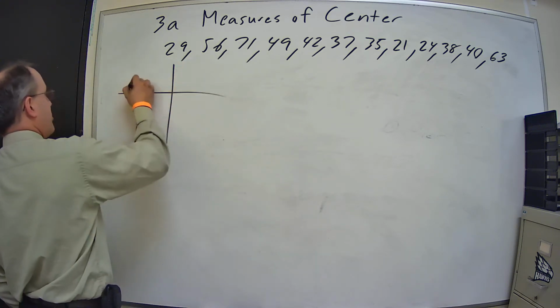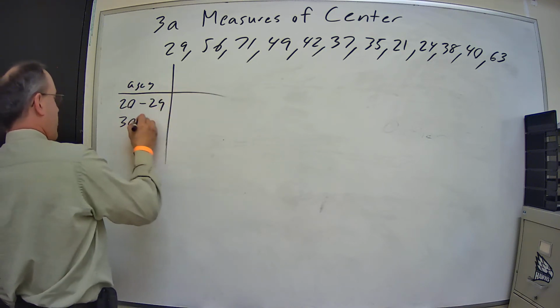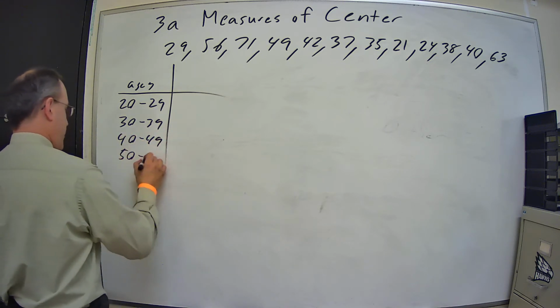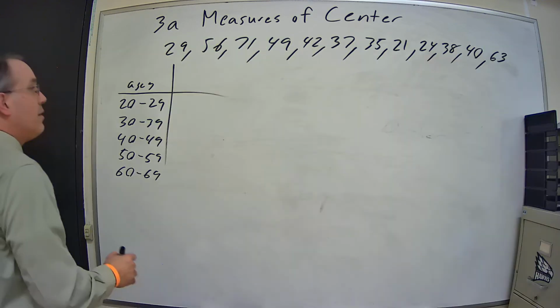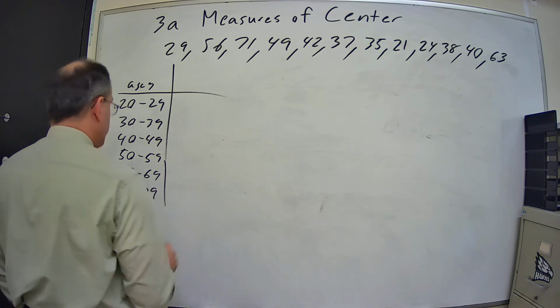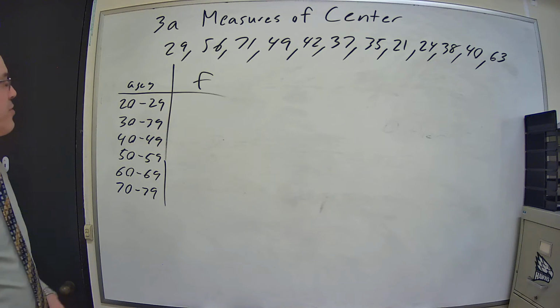Okay, so we've got a bunch of people, and let's say we asked them the question, so we had the age groups, and we went from 20 to 29, 30 to 39, 40 to 49, 50 to 59, 60 to 69, and we went up to 70 through 79. And so we're going to create this frequency distribution.